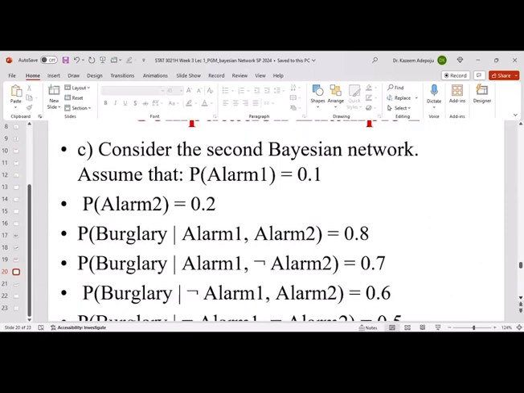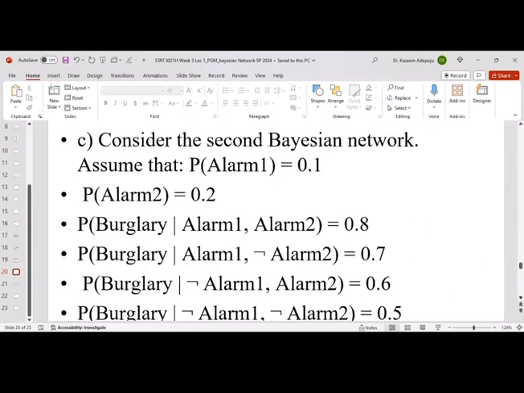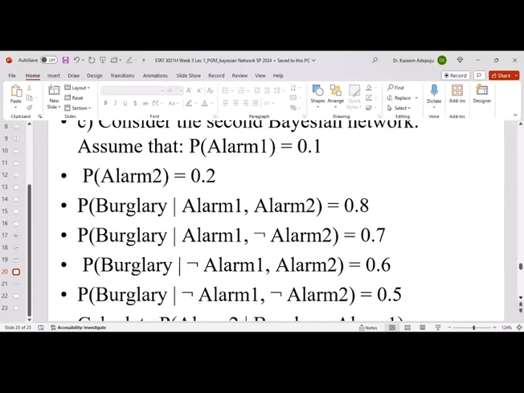They also give you the probability of burglary given the complement of alarm 1 and alarm 2 equal to that, and the probability of burglary given no alarm 1 and no alarm 2. You're given all of that. Don't forget, all this was given because they want us to focus on the second Bayesian network in the example.